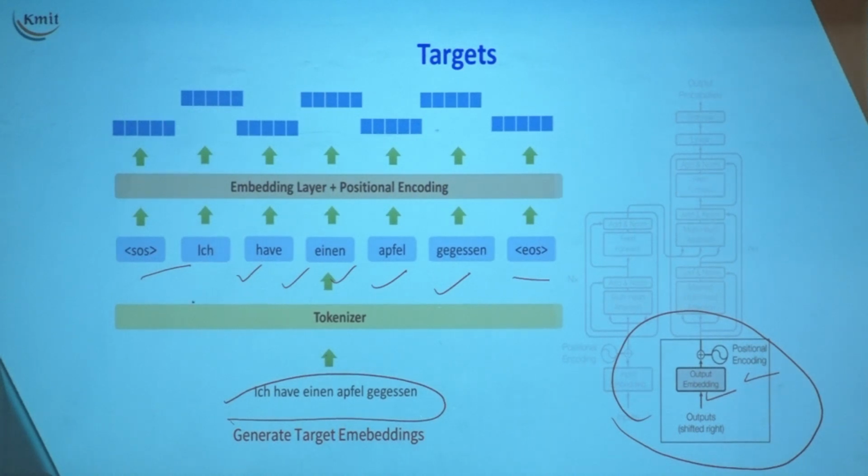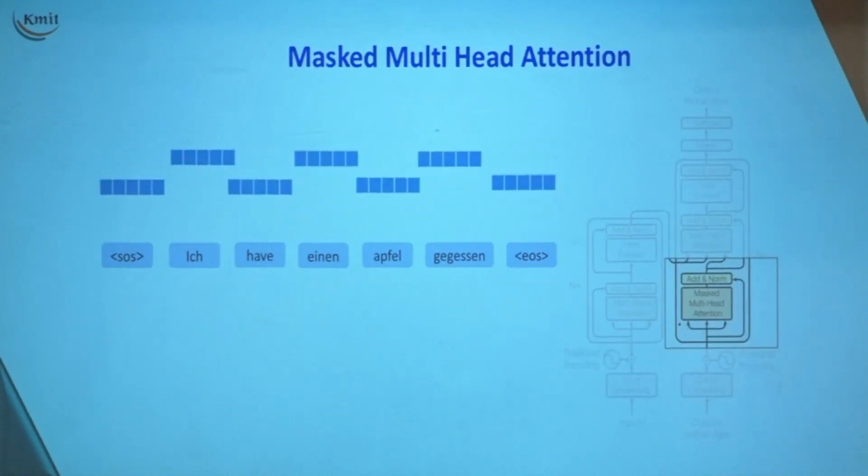Okay. So first I convert them into tokens, and then what? Embedding layer and positional encodings, and then I finally generate what? Targets. Now these targets would be given as input to what? Masked multi-head attention. In masked multi-head attention, what is happening? Q, K, V are multiplied with what?